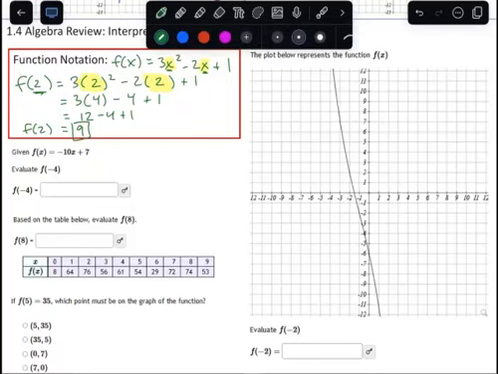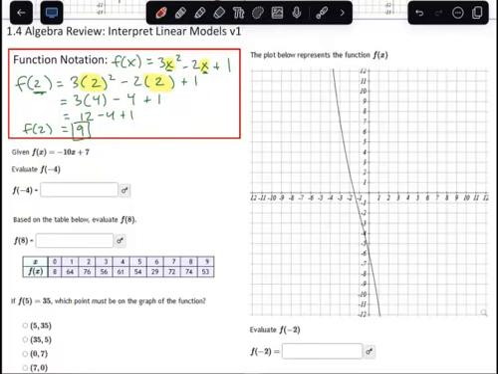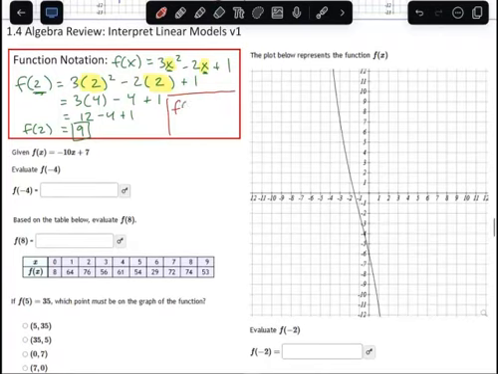Now, here's how that relates to points on a graph. If you just look at the function notation, y is equivalent to f of x. The function notation simply replaces the y. I'm going to write f of x on this side, so f of x is equivalent to y, and it replaces y in an equation.